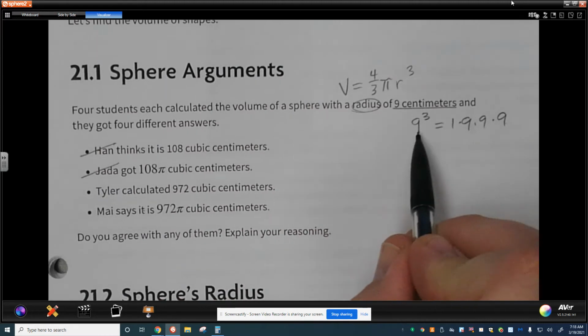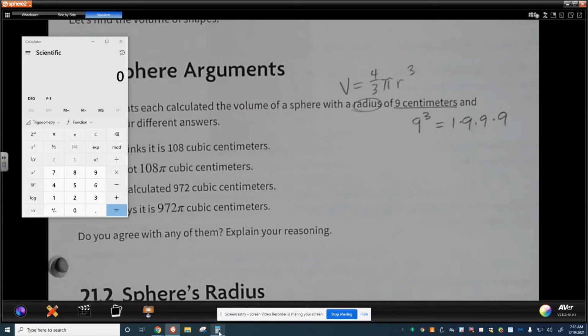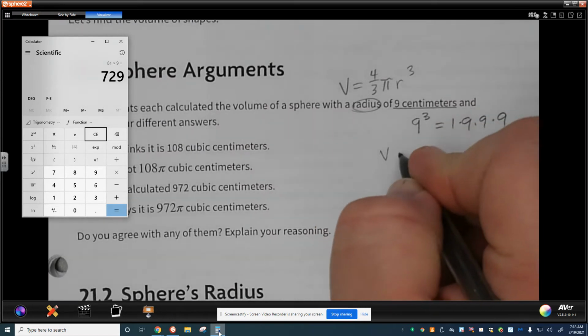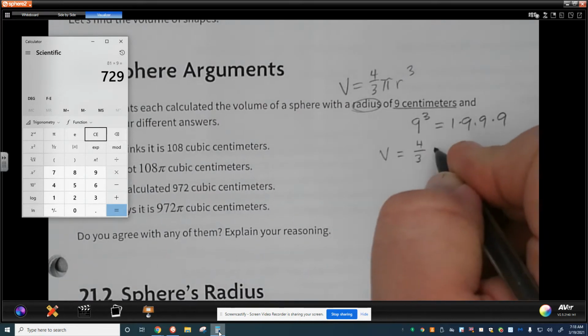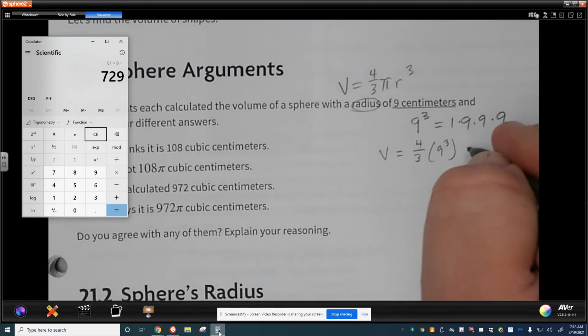My next step is I'm going to decide what 9 to the third power is. 81 times 9 is 729. So what I have right here, the volume is equal to 4/3 of 9 to the third power times pi.